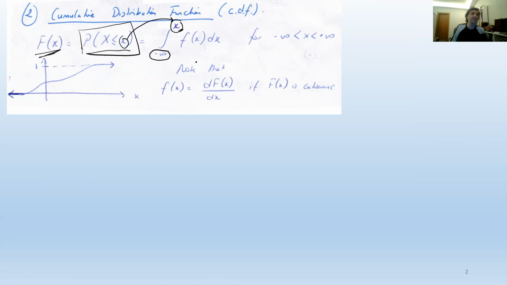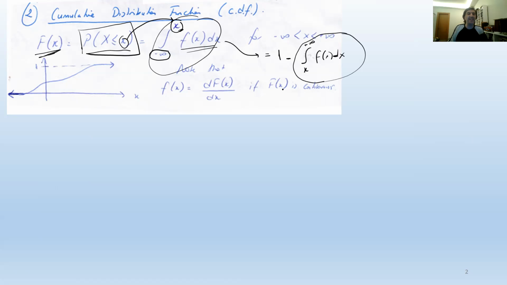If you take this integral, you obtain the probability of x being smaller than that x value. Note that you can also write this as 1 minus the integral from x to plus infinity of f(x) dx. Why? Because this one and this quantity correspond to two mutually exclusive events: the probability of x smaller than or equal to, and the probability of x greater than x.